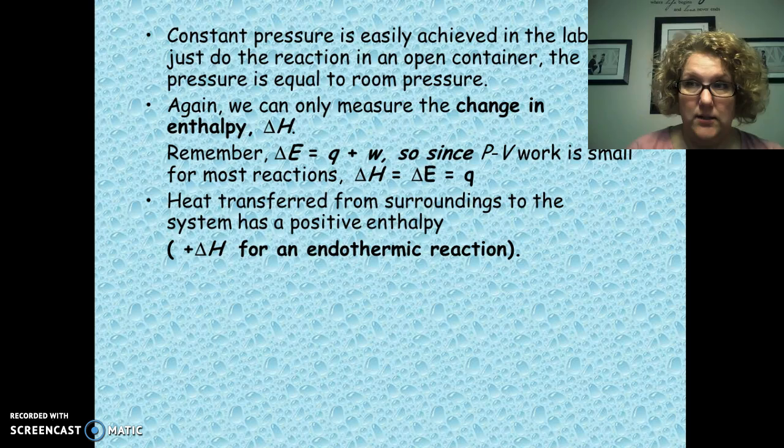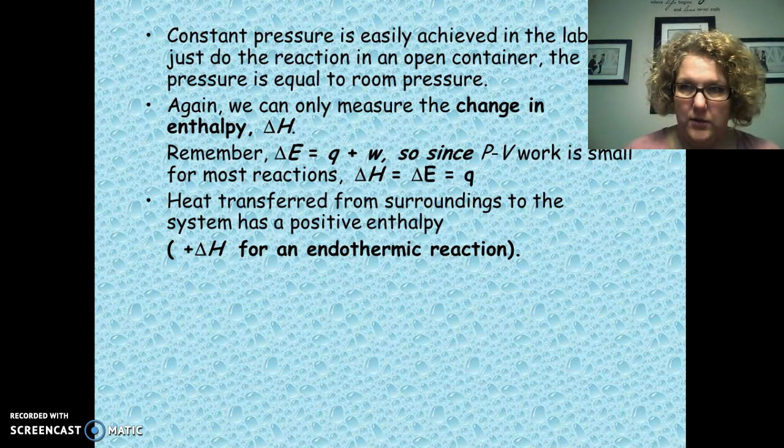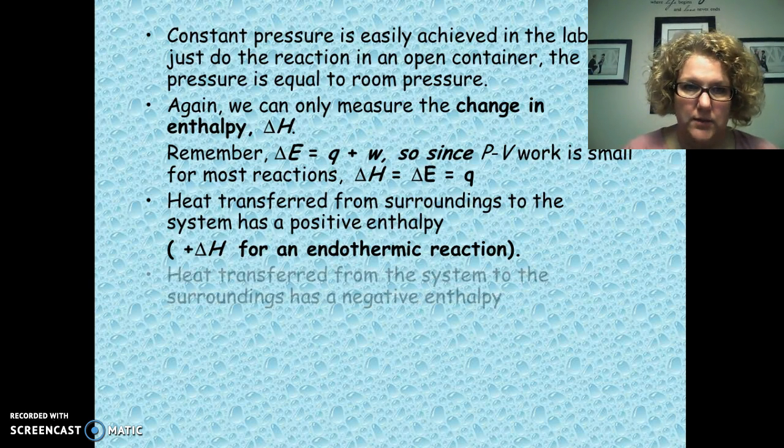You're part of the surroundings. So the system, the reaction between the baking soda and the vinegar, sucks in heat. Well, where does it get the heat from? You. And you feel that loss of heat as cold. So endothermic reactions are sucking in heat, but to us they feel cold because we're not part of the system.